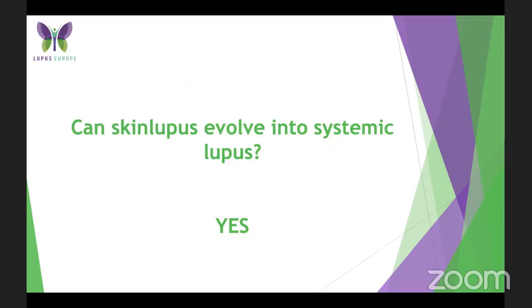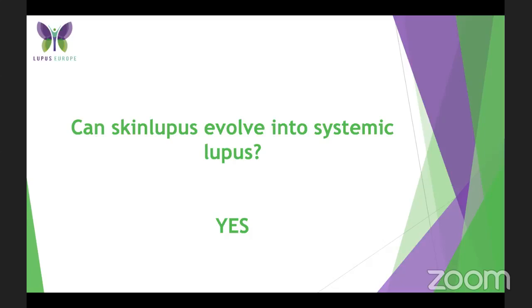Another important question which you might ask yourself is why skin lupus is important, and why it's important to have this diagnosed. Well, one of the most important dangers besides the skin disease itself is that skin lupus may also evolve to systemic lupus, in which other organs also get affected. So we have to be careful.